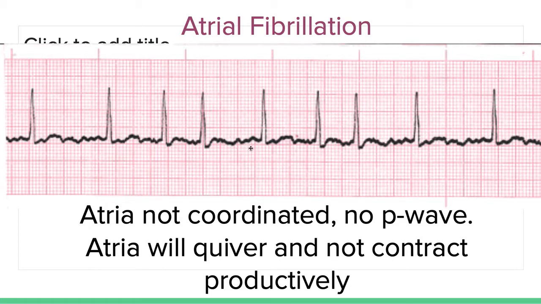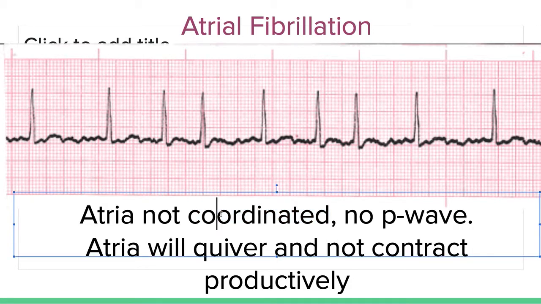Like if you look here, where's the P wave? Is that it? Is that it? It's just a bunch of noise, because the atria are getting stimulated by a bunch of different cells at different times. And so one defining feature of having a bunch of ectopic pacemakers is that you lose the coordination.